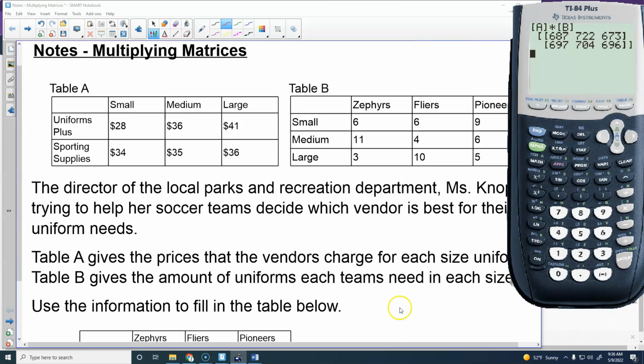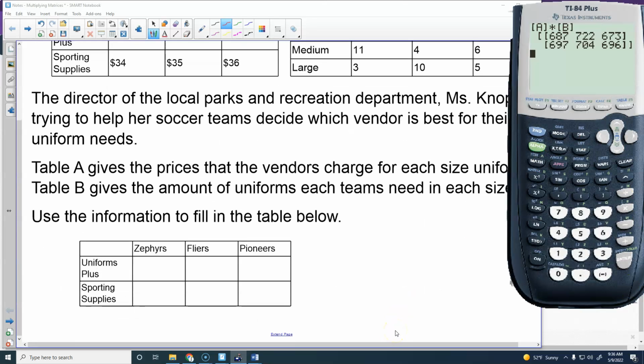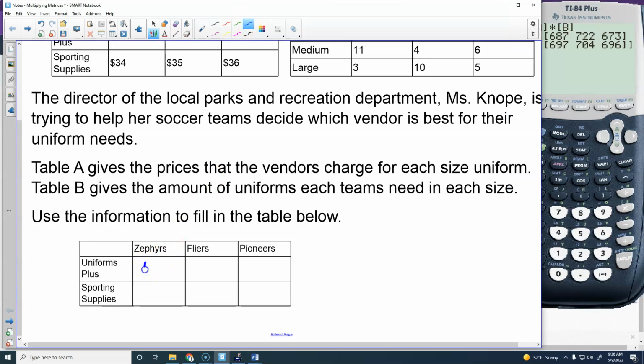Alright, so here is what I got. Tell me if yours is different. I could type something wrong. 687, 722, 673, 697, 704, and 696.